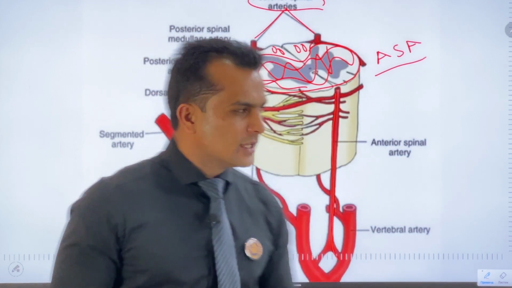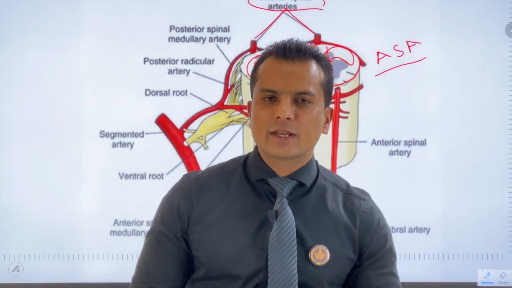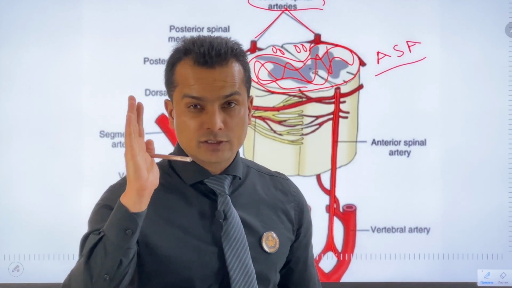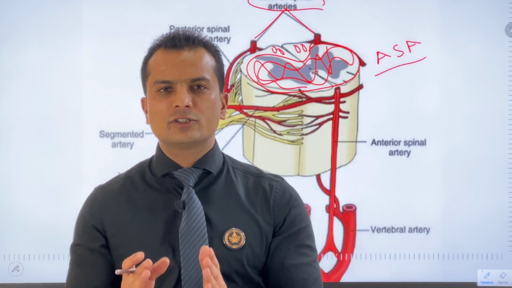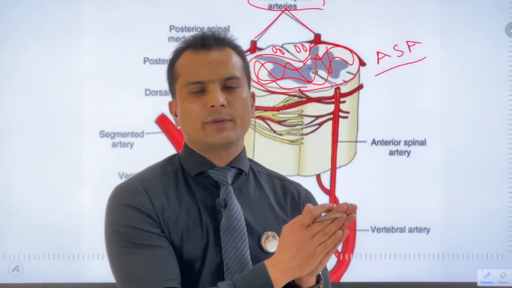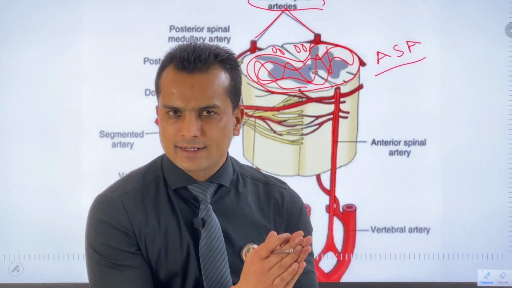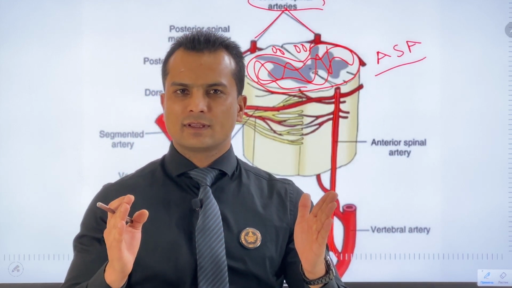So in short, if I ask you what is the blood supply of the spinal cord, the anterior spinal artery and posterior spinal artery, this is 95%. The rest 5% is coming from other branches supplying the midline: posterior intercostal arteries, ascending cervical arteries, lateral sacral arteries, and lumbar arteries.